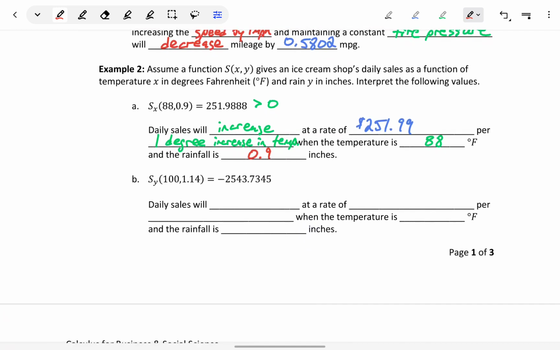In part B, now we have the first partial derivative with respect to y, evaluated at a pair of x y values.